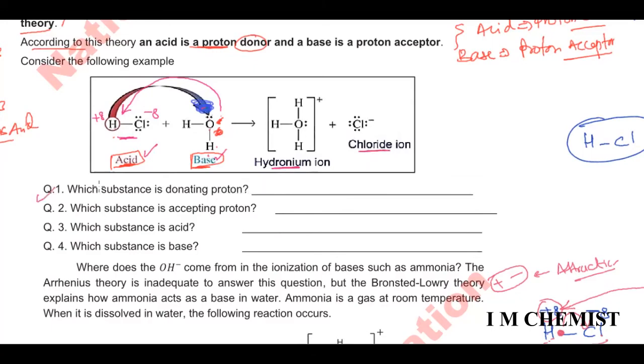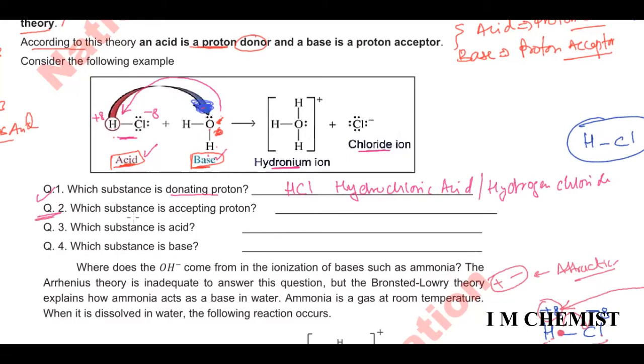Question number 1: which substance is donating a proton? HCl, very good. Hydrochloric acid. HCl is hydrochloric acid; it is also known as hydrogen chloride.